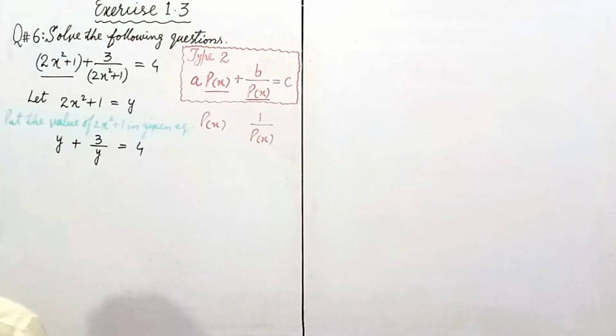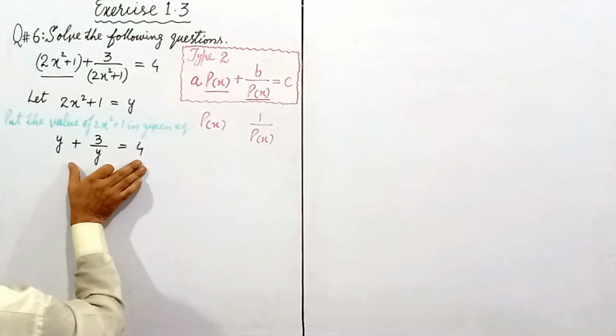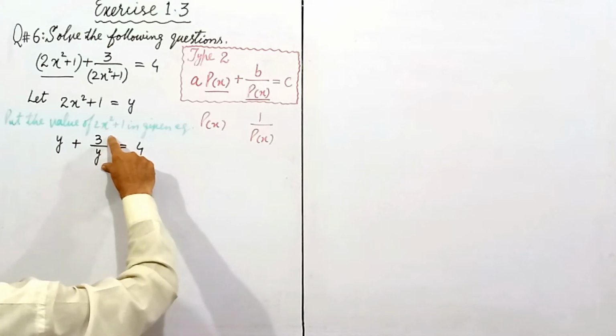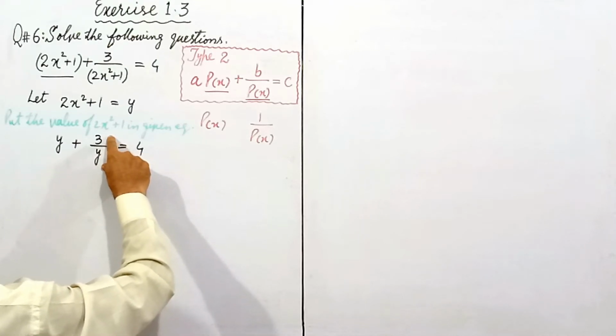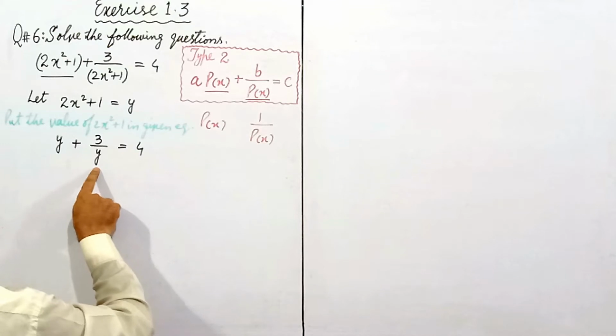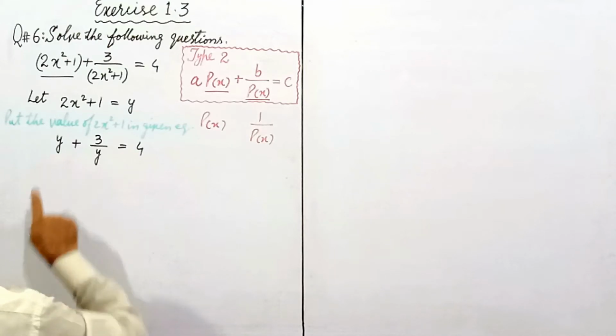If we recall the method of solution of such equations, as we have a rational expression, we multiply each term by the LCM of the denominator, and LCM is only y, so we multiply each term by y.